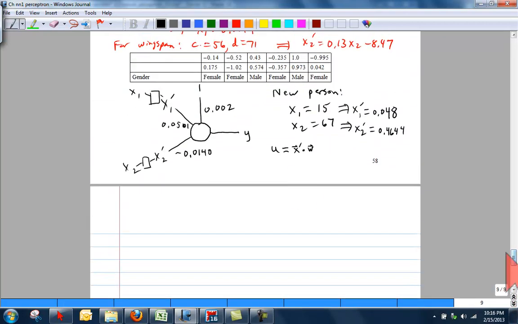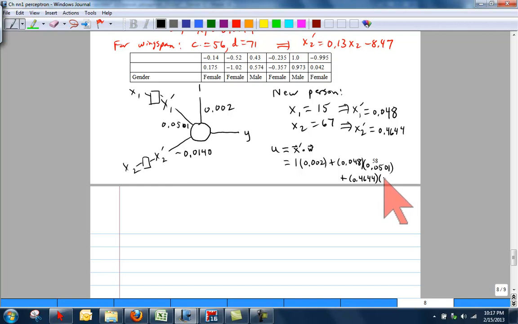If I work out what this is, x prime has the artificial 1 in front, and then times w0 is 0.002, plus x1 prime is 0.048 times w1 is 0.0501, plus x2 prime is 0.4644, and then times w2, which is negative 0.0140.